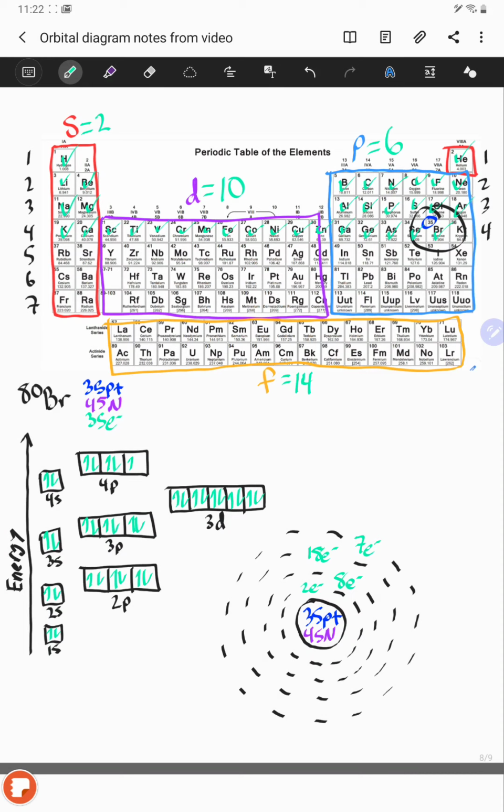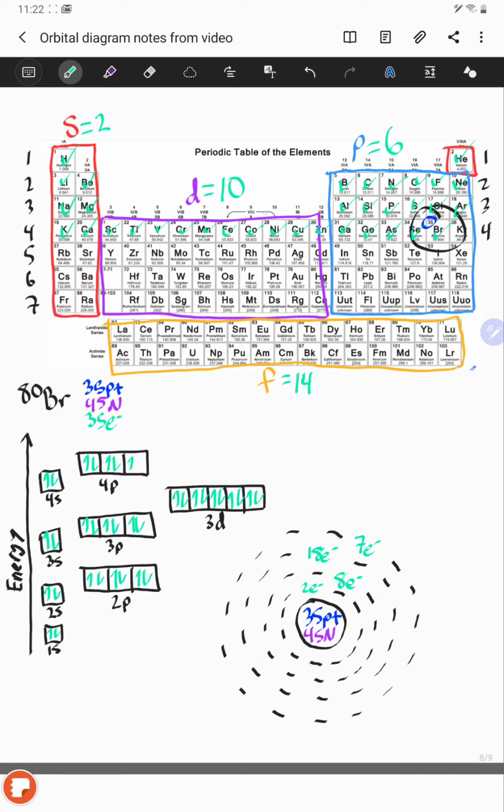So our question before of, wait, if the d orbital is located on the fourth energy level, then why am I drawing the electrons in on the third energy level? Well, the d orbital has to shift down so that we don't end up with more than 8 electrons here.